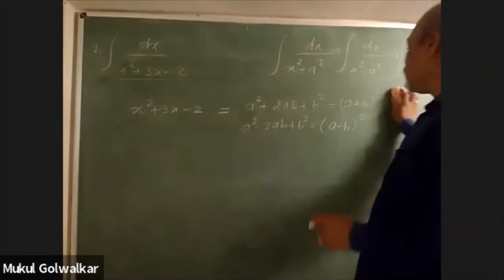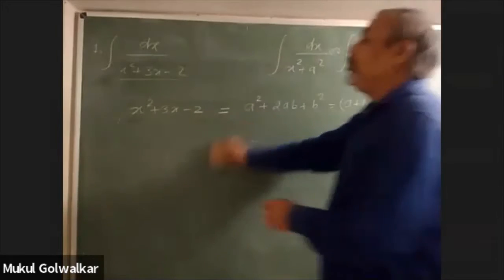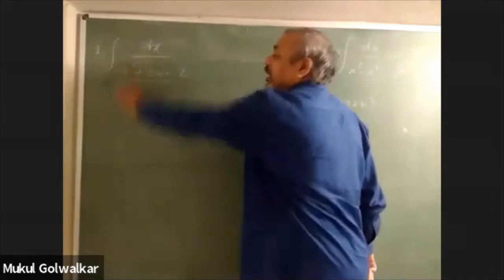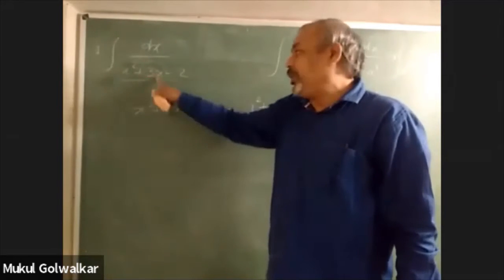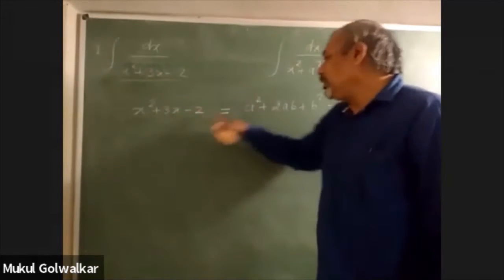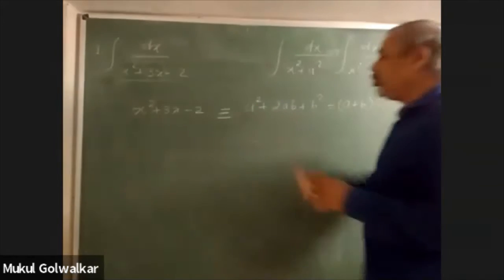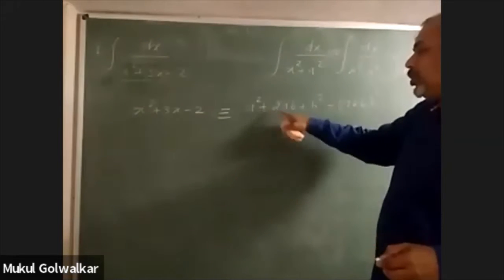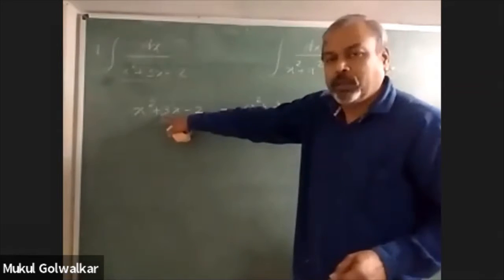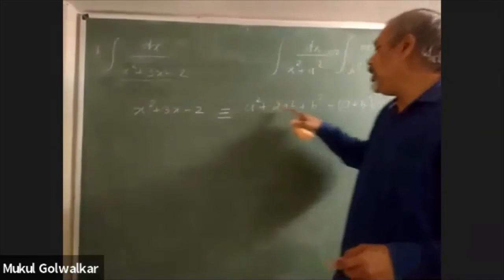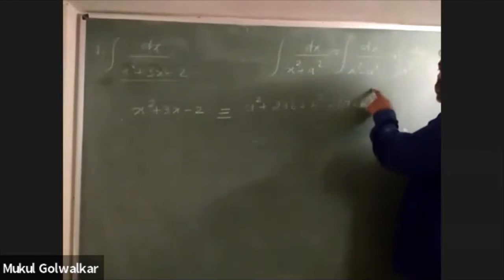And especially see the sign of the middle term, the quantity containing x. What is the sign of this term? Positive. So if it is positive, we shall put it equivalent to a square plus 2ab plus b square, depending upon this sign. This is positive, so we shall write it in the form of a plus b whole square.